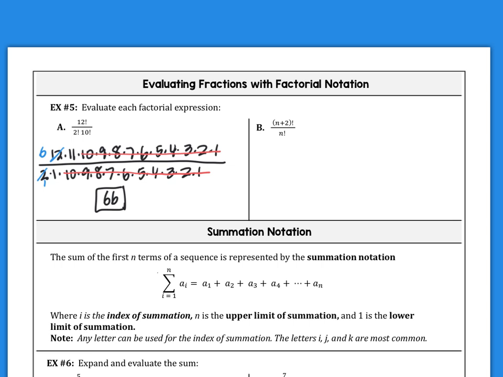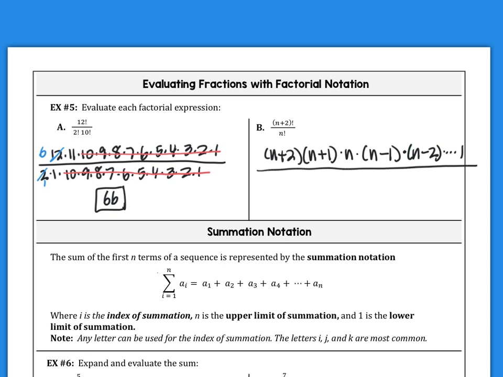Now notice on part B, we have n plus 2 over n. It's the same basic concept. This would be n plus 2 times 1 less, so that would be n plus 1, times 1 less, which is n, times n minus 1, times n minus 2 all the way down to 1, right?